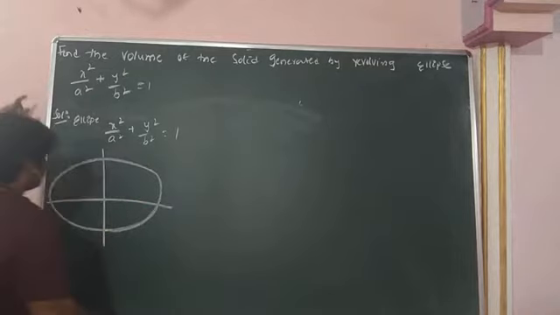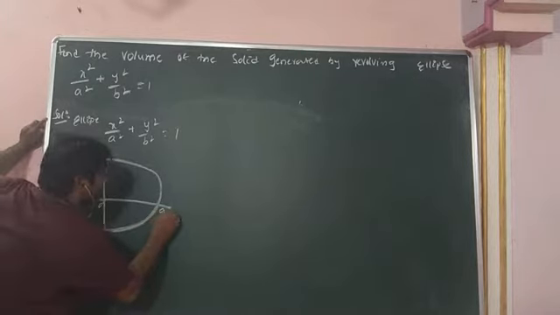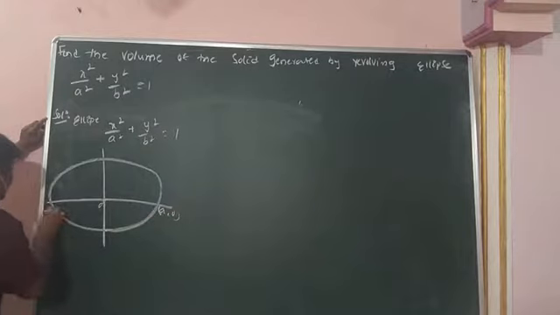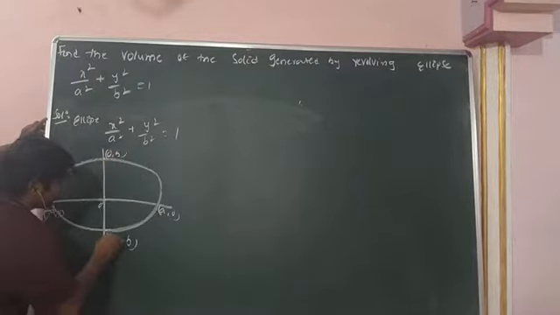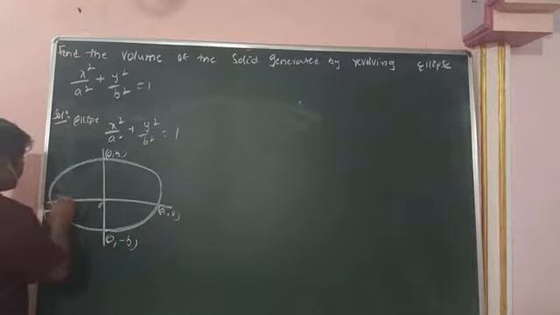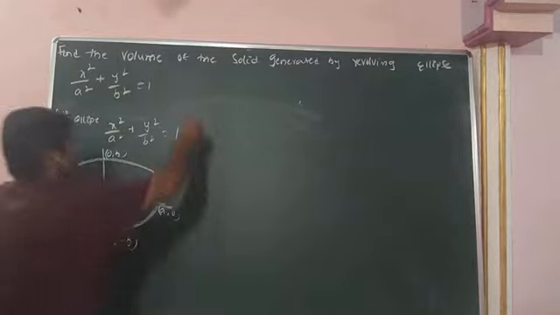So this is nothing but the x-axis. In the x-axis, what are the coordinates? This is a comma 0 and this is minus a comma 0. In the y-axis, it is 0 comma b and 0 comma minus b. So we write it as about the x-axis.